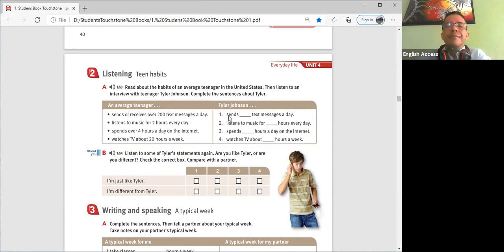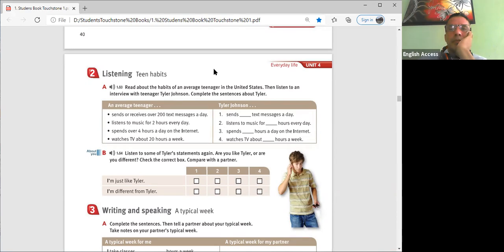So I send and receive about 100 text messages a day. That's not bad. And what about music? Do you listen to a lot of music? The average teenager listens to music for 2 hours a day. I don't know. Actually, I only listen when I'm on the bus or train, and that's about 2 hours every day. So I think I listen to music about 2 hours a day. I guess I'm pretty average when it comes to music.